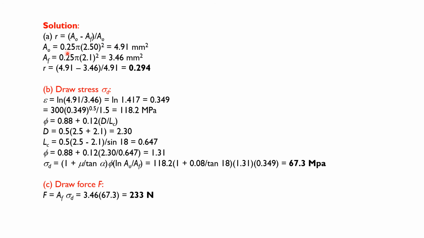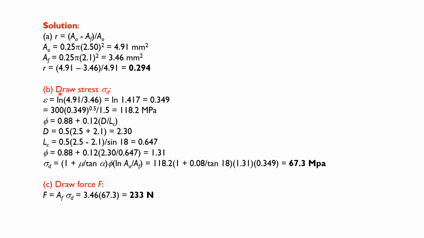Okay, so this 0.25 is because of the pi d squared over 4. Then you'll get the 4.91 mm squared, and the final cross-sectional area is 3.46 mm squared. So when you put it inside the equation, you will get 0.294 as the final R value, the reduction value.